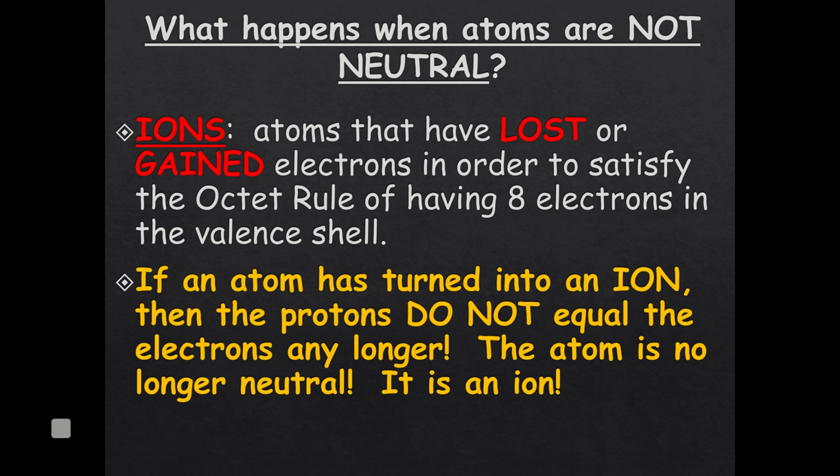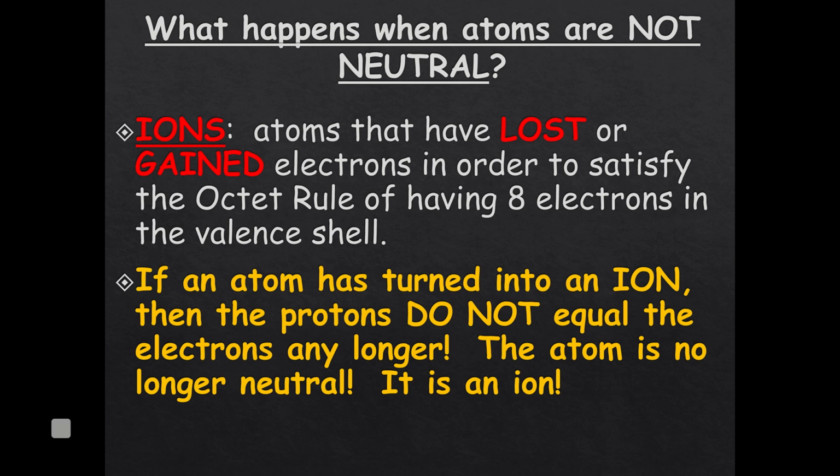All we need to know is if I gain electrons, I become negative. If I lose electrons, I become positive, and that way we can already start identifying charge. So if an atom turns into an ion, the protons and the electrons are no longer equal, which means it's no longer neutral, and it is an ion.